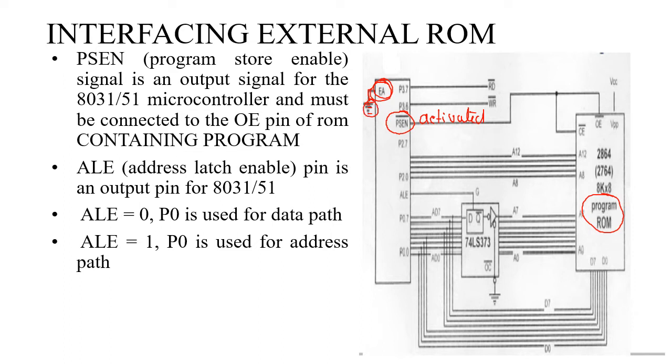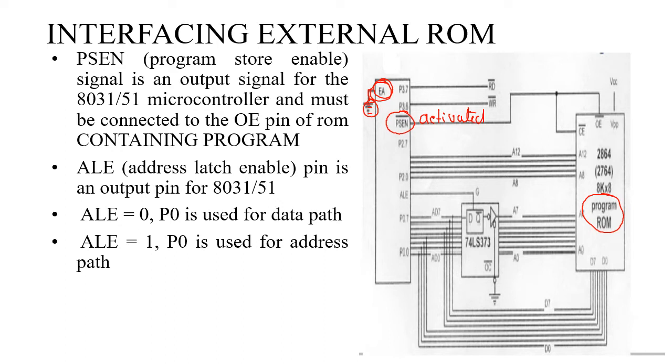This plays a very prominent role in the 8031 family, where the microcontrollers will not have an internal program memory. Instead, you need to interface the external program ROM. In such cases, this EA external access pin has to be grounded. Only then is the program store enable pin activated.